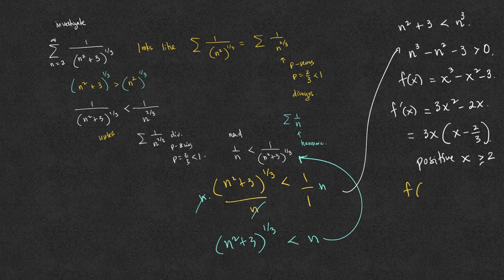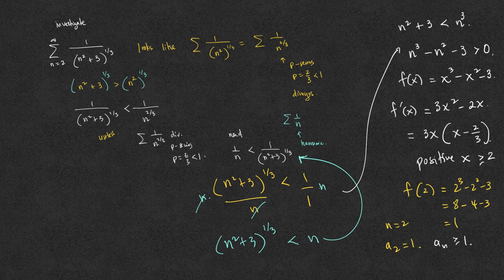But observe that f of 2 equals 2 cubed minus 2 squared minus 3, which is 8 minus 4 minus 3, or 1. We start with n equals 2, where a sub 2 equals 1. And we know that the derivative is positive, so the terms will be increasing. What this means is that the a sub n terms will always be greater than or equal to 1.